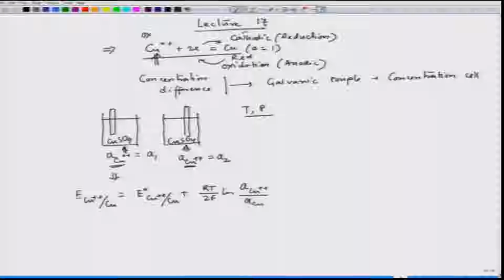Now, since we are considering the activity of copper to be 1 because it is depositing, we are left with only this part, and instead of A copper plus plus we can write A1.